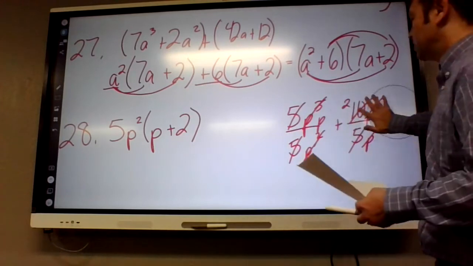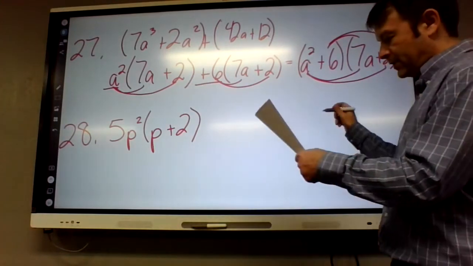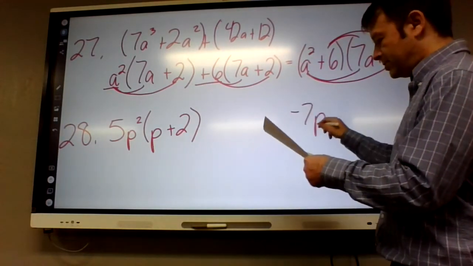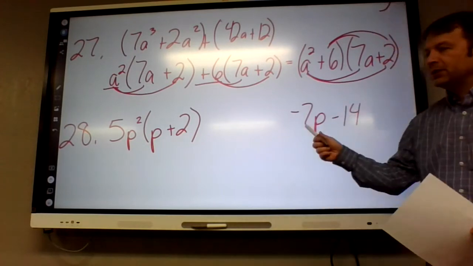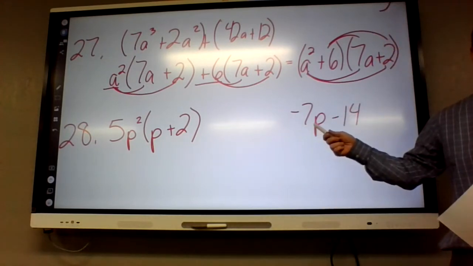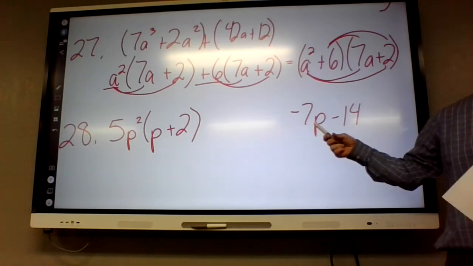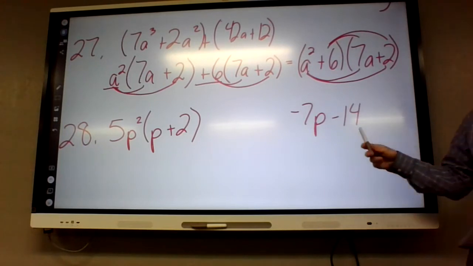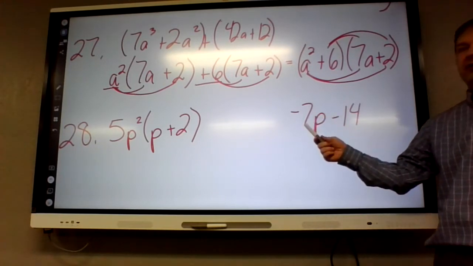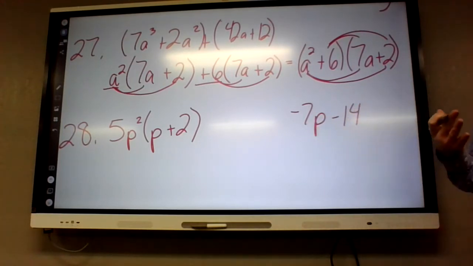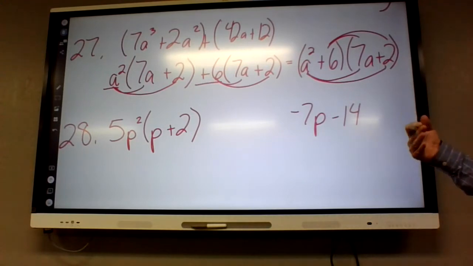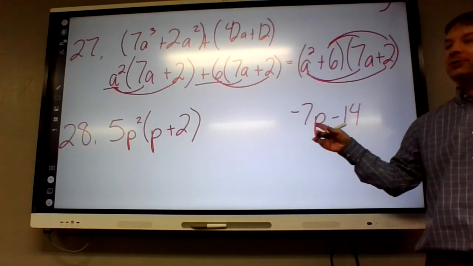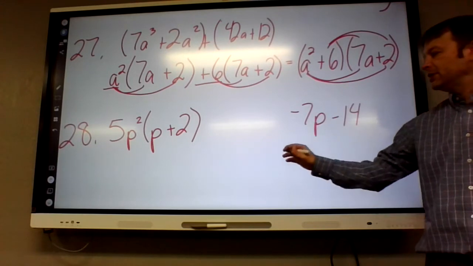Okay. If the third term is negative, and it is, you're going to want to take out a negative, or else it'll be really confusing. The minus 7p is a negative term, so we're not just going to take out a 7, we want to take out a negative 7.